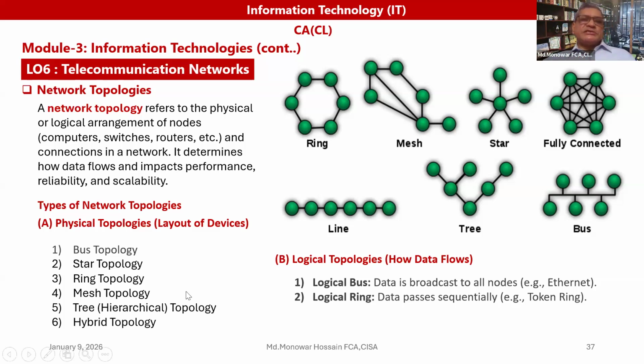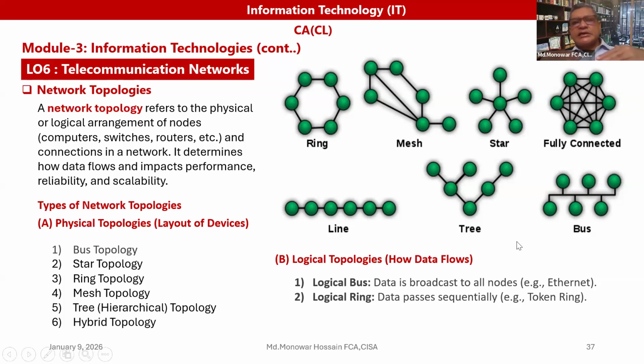So physical topology: the bus topology, ring topology, star topology, mesh topology, tree topology, hybrid topology, etc. And here we see the ring topology, mesh topology, star topology, fully connected, that means each and every point connects to each and every other. Bus topology, tree topology, line topology, and logical topologies are how data flows.